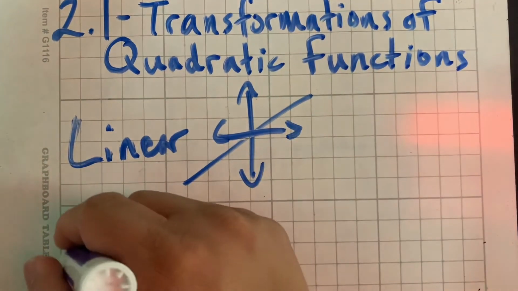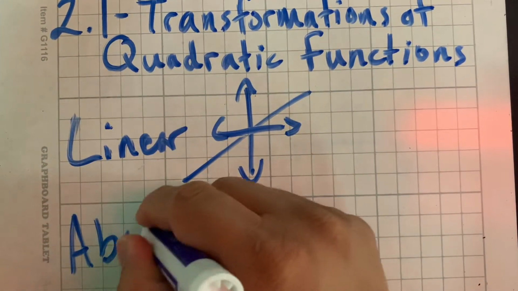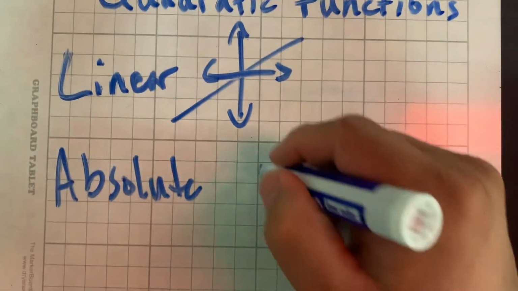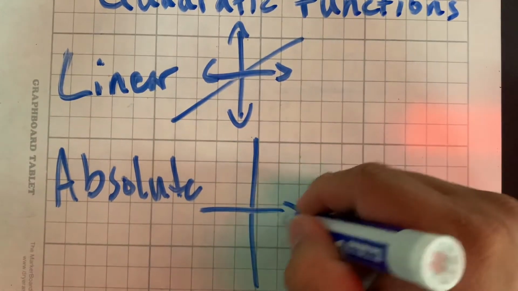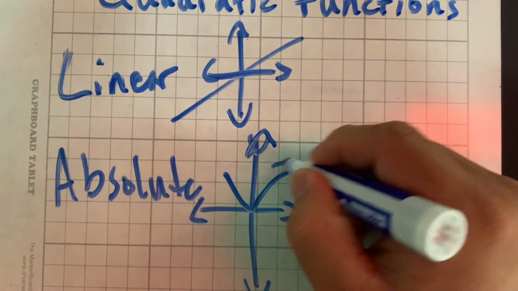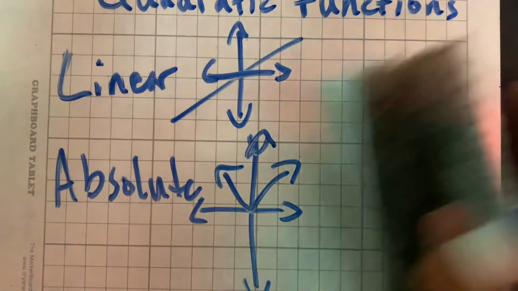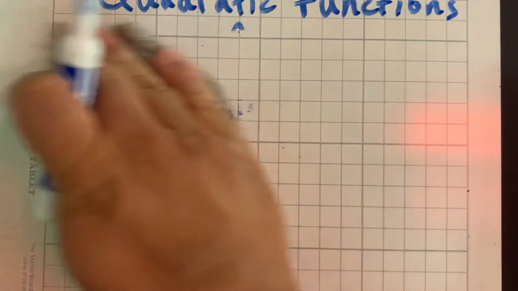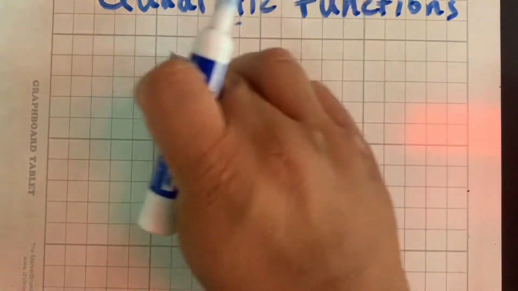Your absolute value was our V-shaped graph.